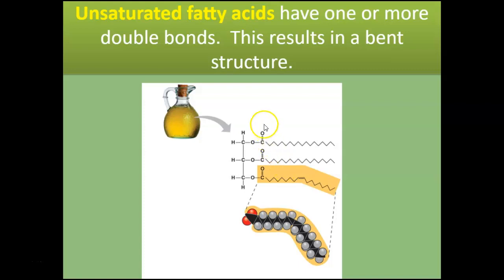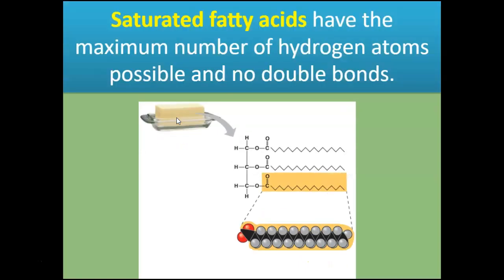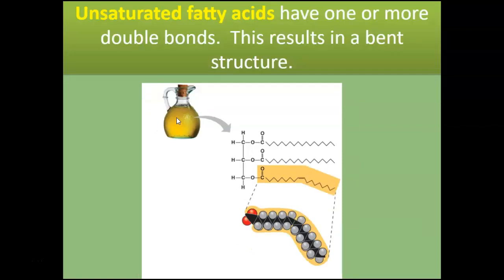So it will become more difficult for these to compress and condense together, leading to a very different arrangement at room temperature. Notice the difference between solid butter and essentially liquid olive oil, all because of this double bond.